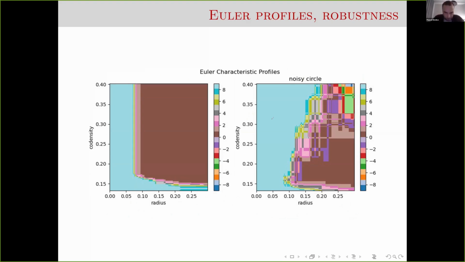So again, the signature of a cycle is the Euler characteristic 0, and in the clean case, we see it over here. So that's a clear evidence that we are dealing with a cycle. But even in the noise-corrupted case, there is quite a large region of our radius-codensity bifiltration where we can see the Euler characteristic equal to the Euler characteristic of a cycle.